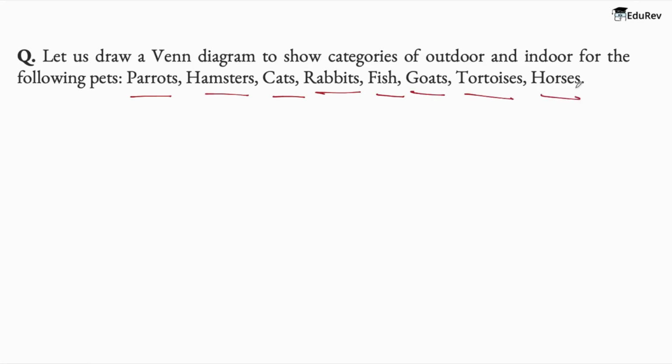Now the pets which are provided within this list will be of 2 categories. Either they are outdoor or they are indoor, or they are both. Alright. So firstly, I have to categorize them into indoor and outdoor.